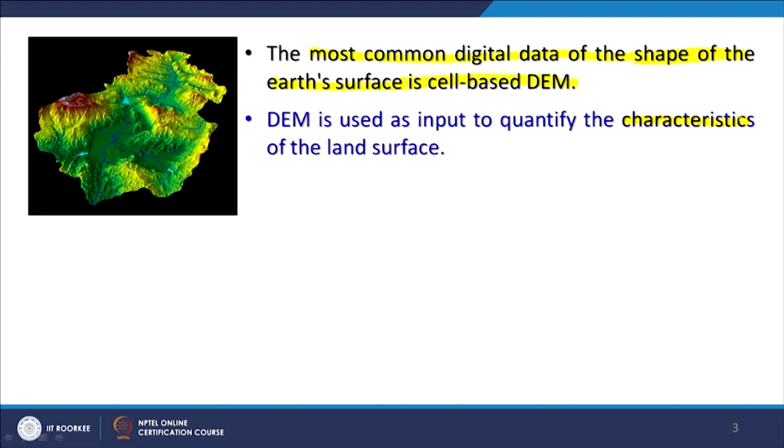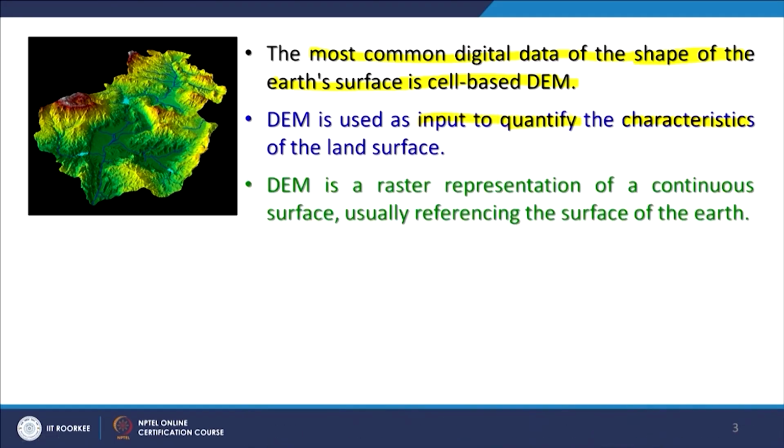Slope, aspect, gradients, drainage network, watershed boundary and many others. The purpose here is to quantify these characteristics, because it is a digital elevation model, and therefore the analysis we do with it is quantitative analysis, not really qualitative analysis.